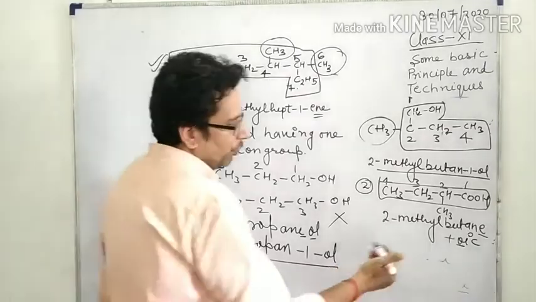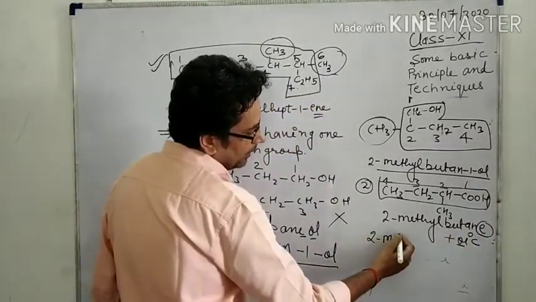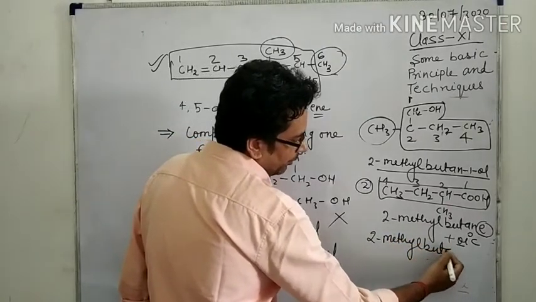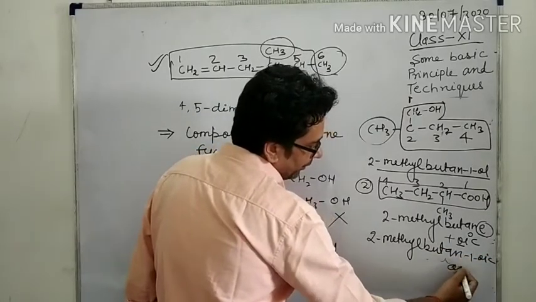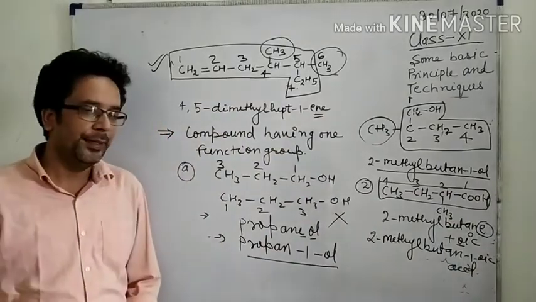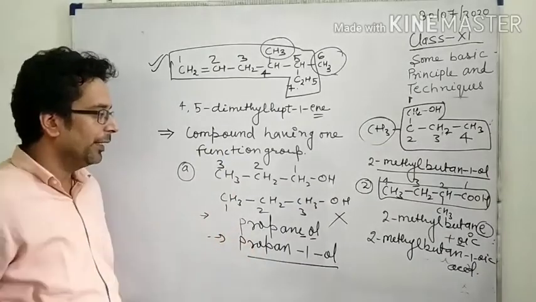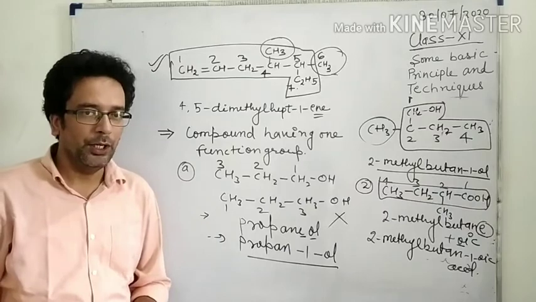So we remove this E. So what is the name? Name is 2-methylbutan-1-oic acid. Okay, so these are the namings of organic compounds having one functional group.